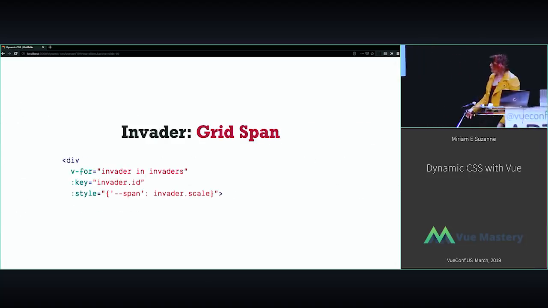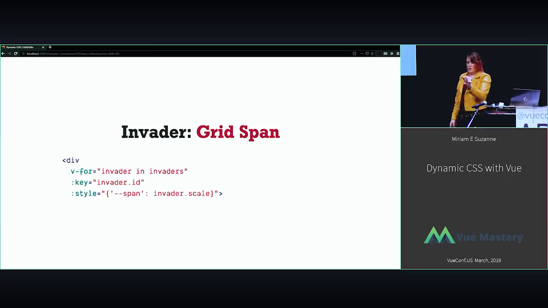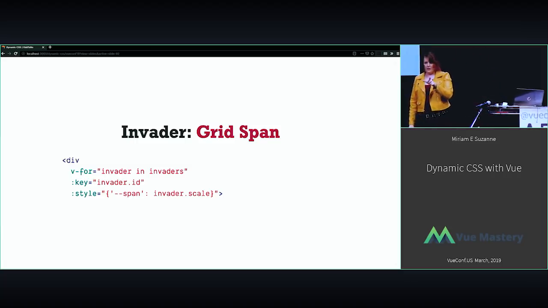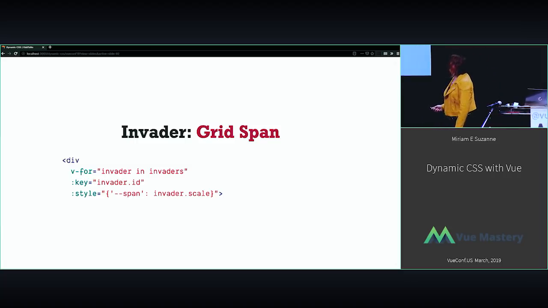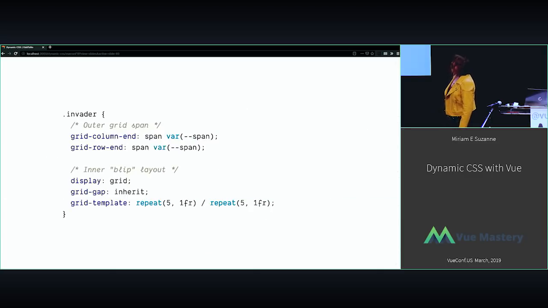So then for each individual item, I pass in the size of the invader, whether it's a 1-column invader or a 3-column invader. I can pass that in. And then on each invader, I take that span and add it both to the column span and the row span. And I do an internal grid that's the 5x5 grid that will be the actual design of the invader.